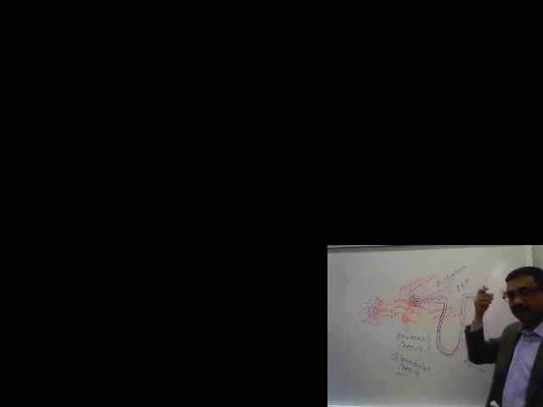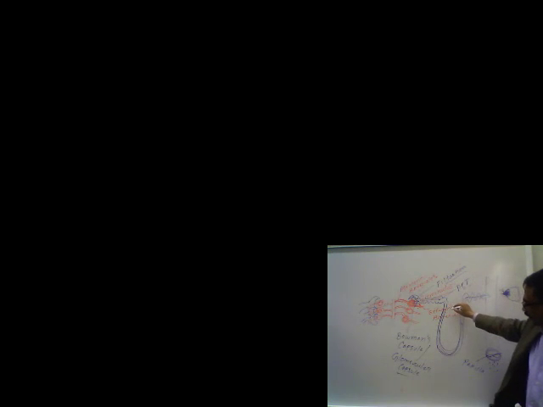Then this part you see is hairpin-like, like a hairpin, right? So that loop part or hairpin-like part is called the loop of Henle. So this part is the loop of Henle.